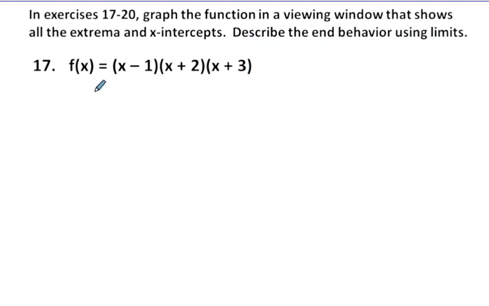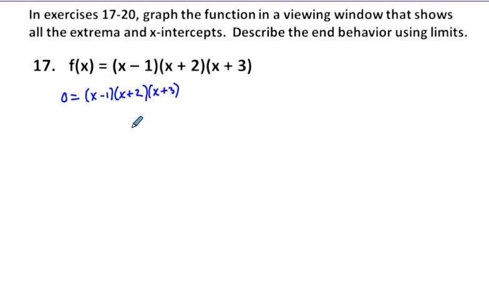However, I also want to address how, at least in this factored form, we might know where the zeros are. To find zeros, we set the function equal to 0: 0 equals quantity x minus 1 times quantity x plus 2 times quantity x plus 3.